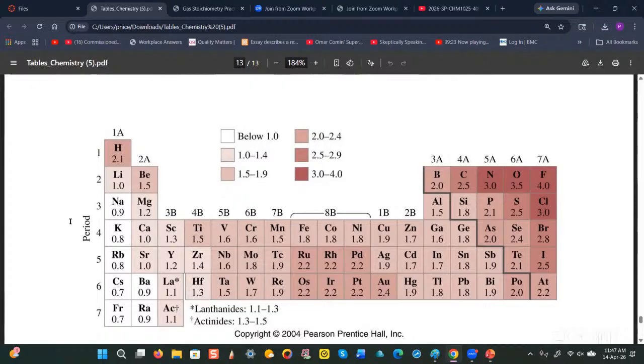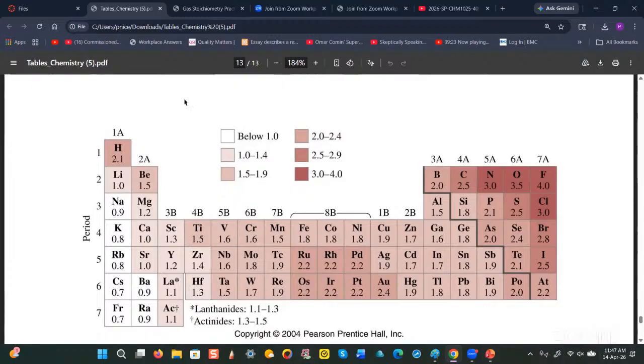The same is true for period 3, and pretty much all the periods, with some slight exceptions. But for the most part, that's what you find. And as you go from top to bottom of any group, the electronegativity decreases. Again, there are some slight exceptions, but that's pretty much what you'll observe.